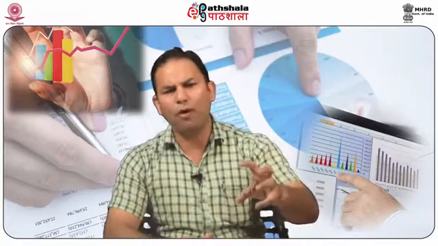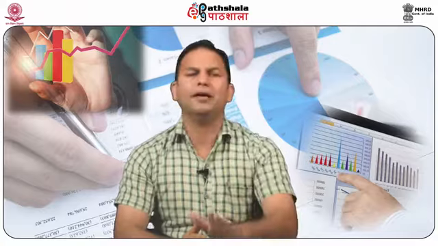Super profit refers to the excess of actual profit over normal profit. Normal profit refers to the profit which the firm could reasonably or normally earn in a particular business. It is calculated by multiplying normal rate of return with capital employed. Simply, the formula is: normal profit is equal to normal rate of return multiplied by capital employed divided by 100.